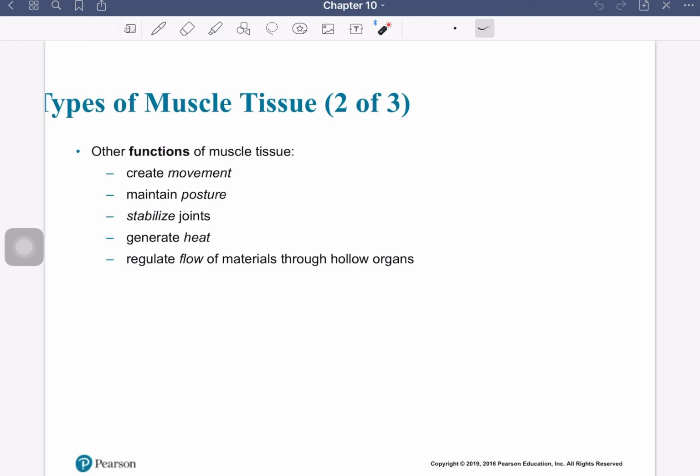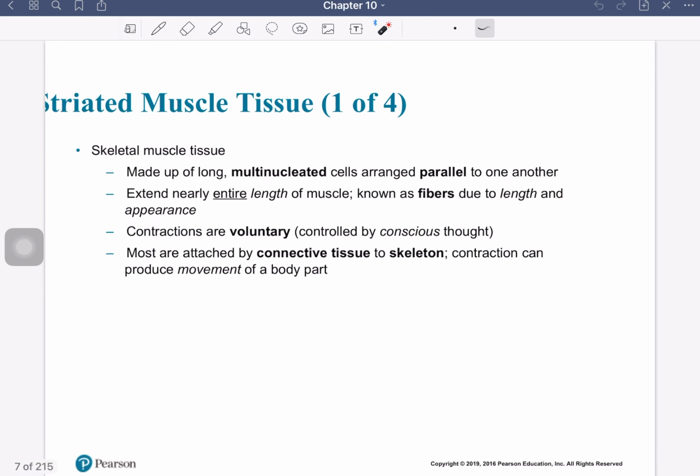So they stabilize joints, like fixators, such as the scapula muscles will fixate or hold the scapula, so things like the biceps brachii can do its work without rotating the scapula out of position. Also generate heat. A lot of our body heat comes from muscles as a byproduct, and basically helps to regulate the flow of materials through hollow organs. So we have a number of functions that we can see.